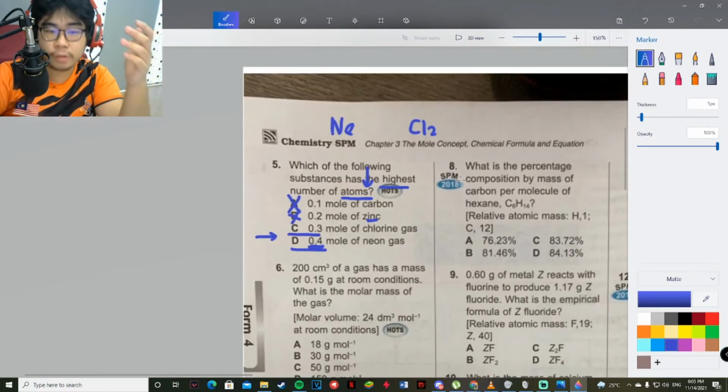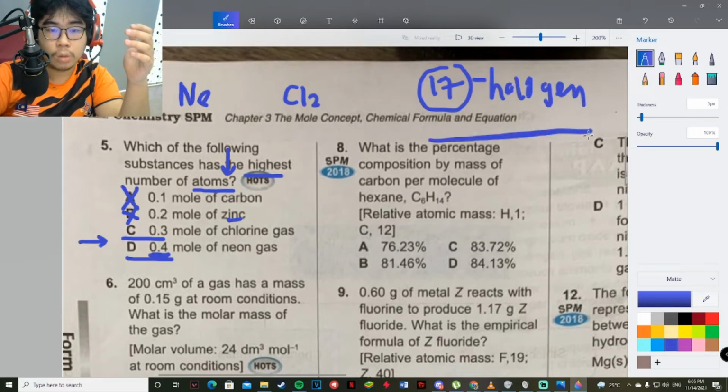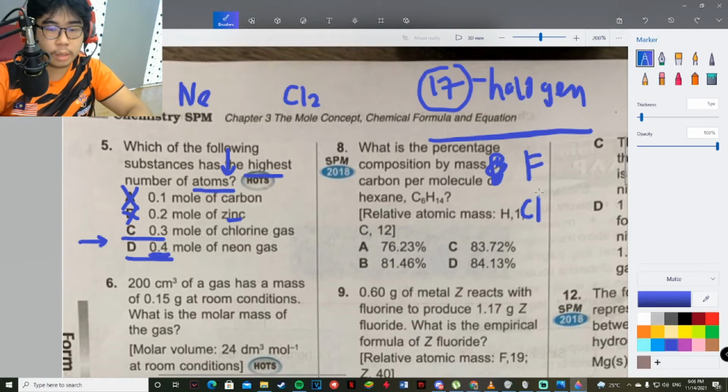Cl2. A lot of you would know that group 17, not just Cl, is also known as the halogens, and for the halogens you have F first, fluorine, chlorine, bromine, iodine, astatine.